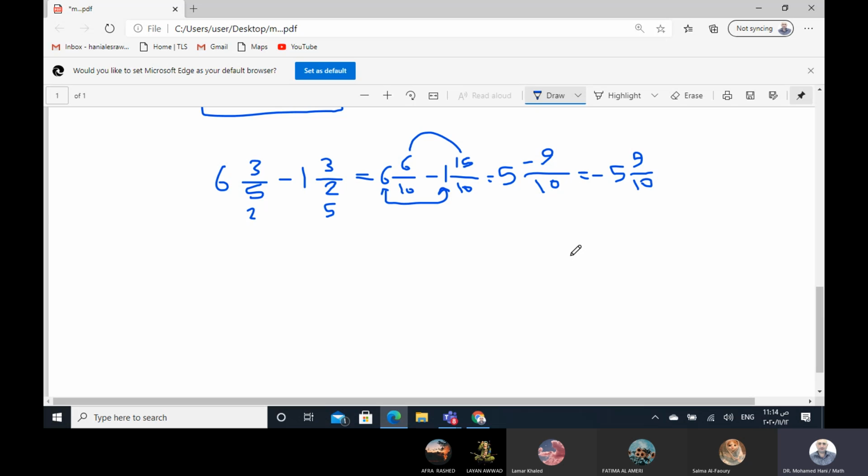Who has any question here? Clear for all? Okay, right. If we have 2 and 1 over 3 multiplied by 5 and 2 over 7.